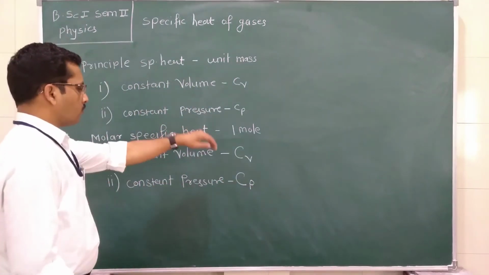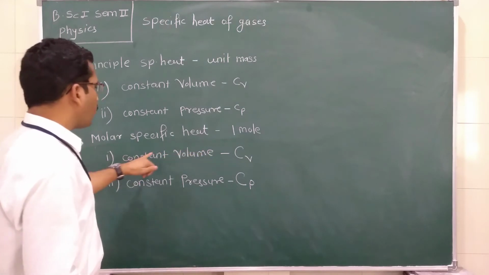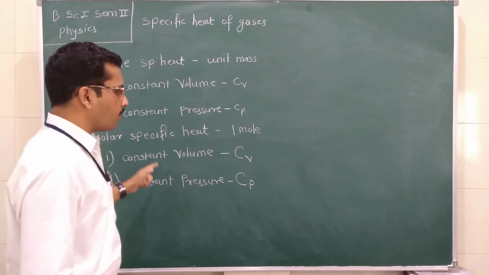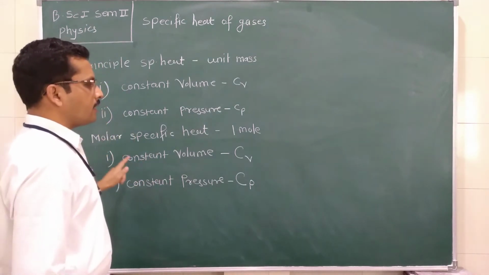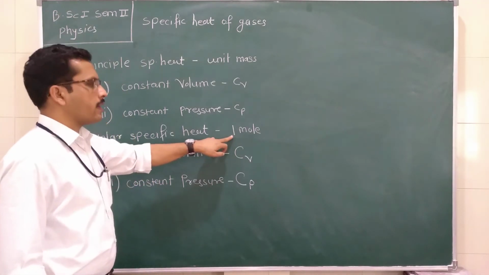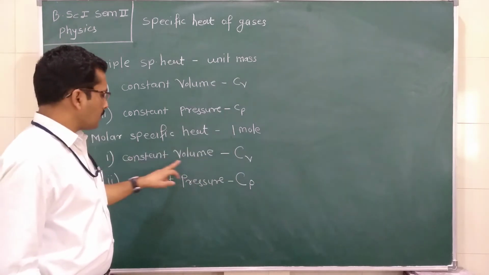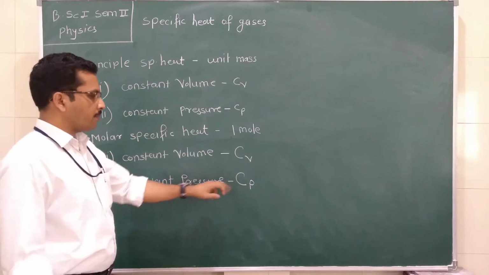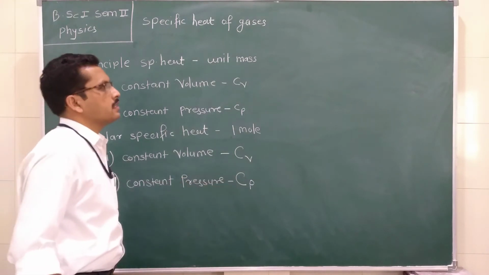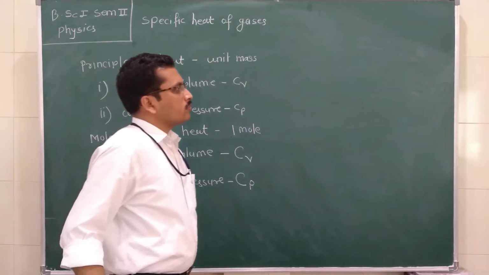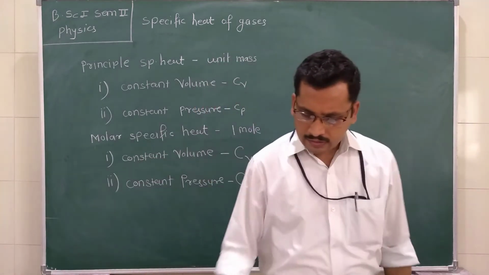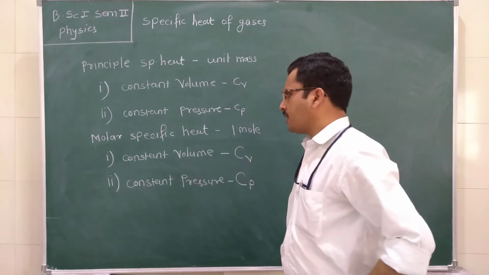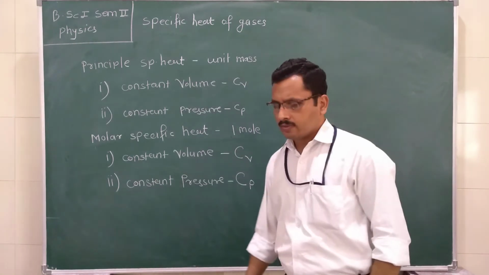So what is Cv? It is the molar specific heat at constant volume, the amount of heat required to raise the temperature of 1 mole of gas at constant volume, and this is the constant pressure. So this is Cv and this is Cp. So we learned about the principal specific heat as well as the molar specific heat.